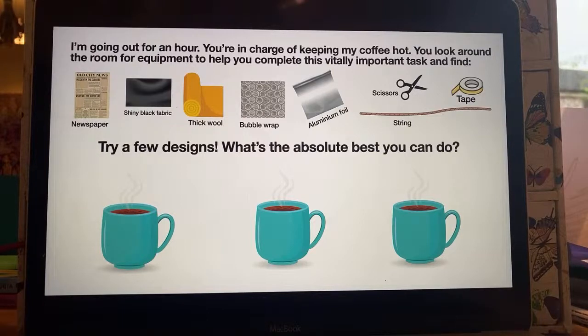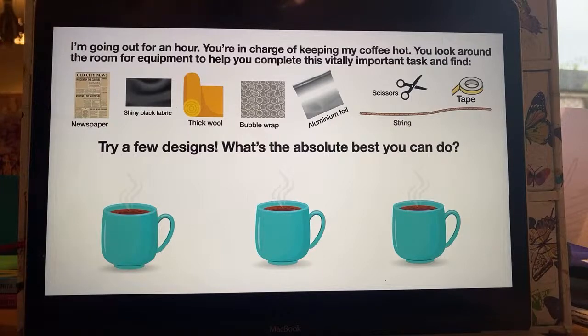Oh yeah, I've even improved on my design from yesterday's lesson, I reckon. Okay, right, I've done mine. How have you got on? Come up with something?